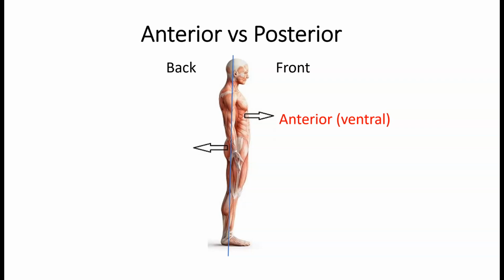Ventral literally means belly, and this comes from doing anatomical terms for four-legged animals. And the back is known as posterior or dorsal. And dorsal is easy to remember. Just think of a shark slicing through the water, and you see the fin protruding out its back. That is known as a dorsal fin.